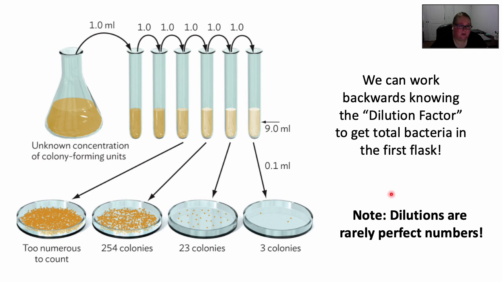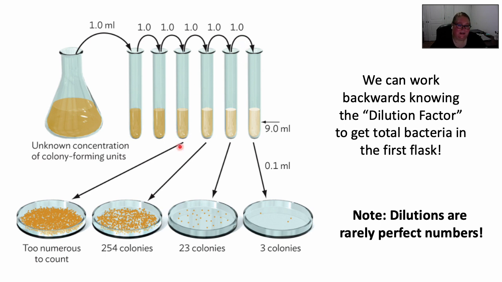Okay, because what we can do is we can take the number of colonies on the plate and our dilution factor. So what dilution this is, right? This is 1 to 10, 1 to 100, 1 to 1000, 1 to 10,000, 1 to 100,000, and 1 to 1 million.